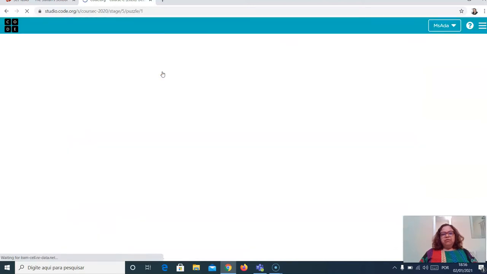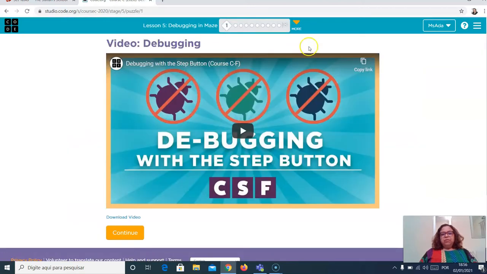So the first level of lesson 5 is about debugging. We talked about this in year 2: a bug is something that goes wrong when you are giving instructions on the computer on how to do something. Like if you are giving instructions to make a cake, and you say, put the cake in the oven, and after that, beat some eggs.